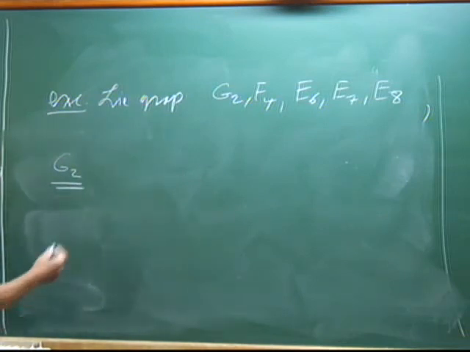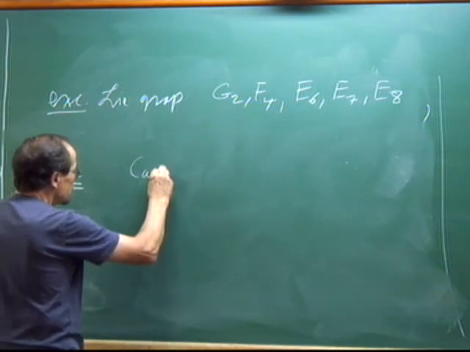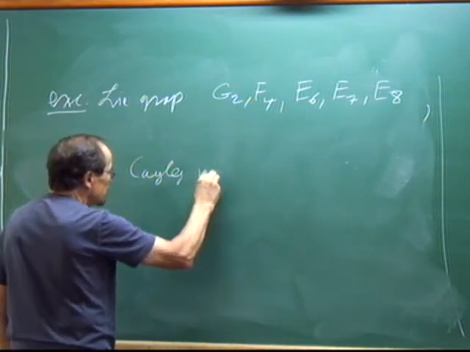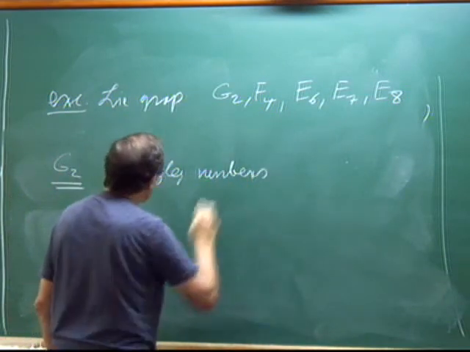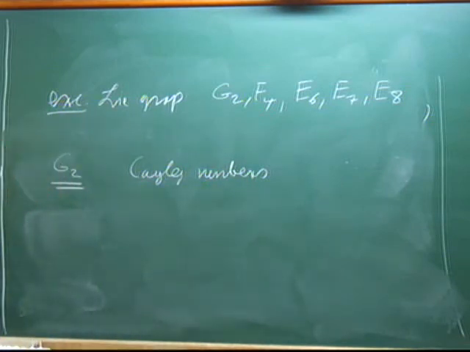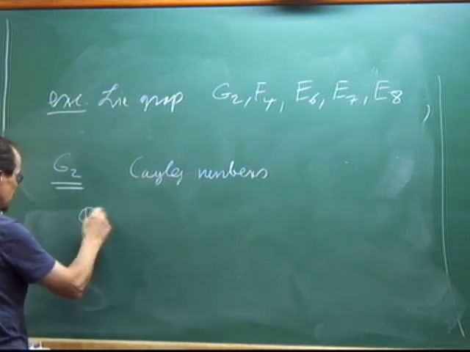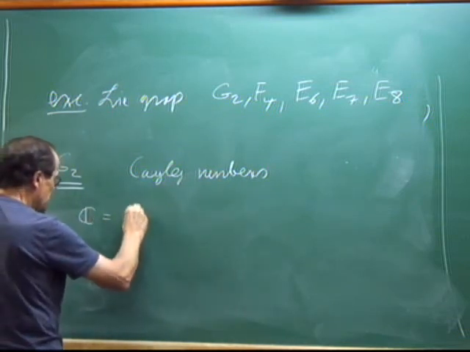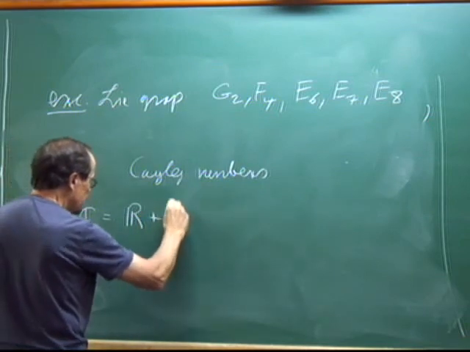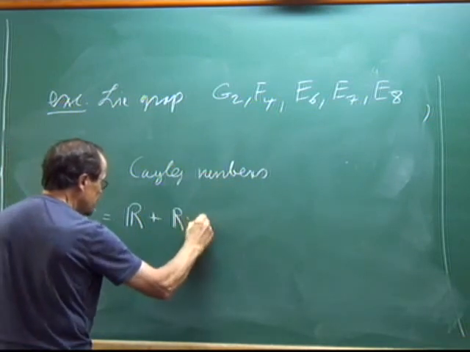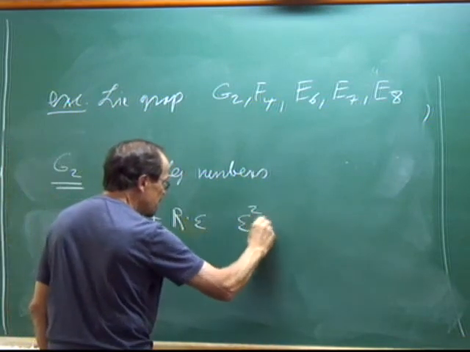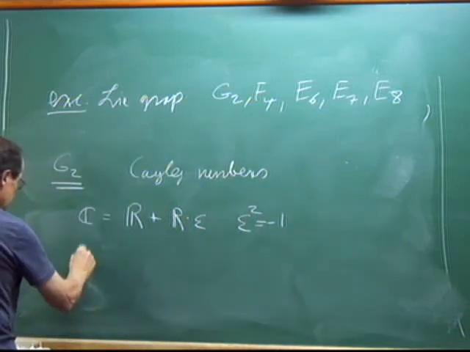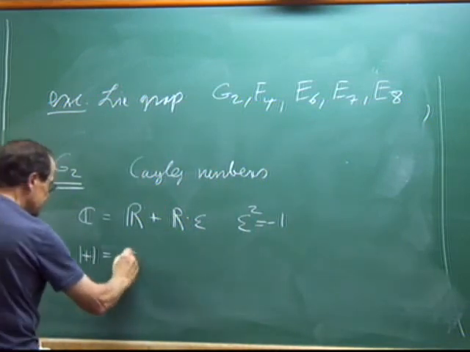For this, I have to look at the Cayley numbers, the octonions. There are various ways to describe it. So for our purposes, I'm going to do something similar to how I go from C to the quaternions.